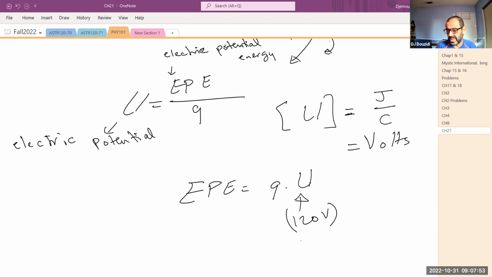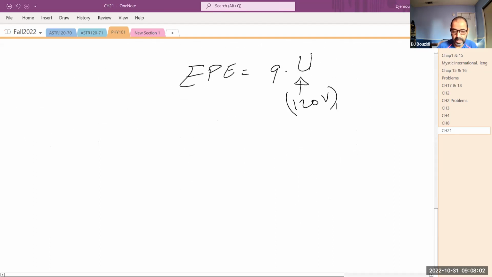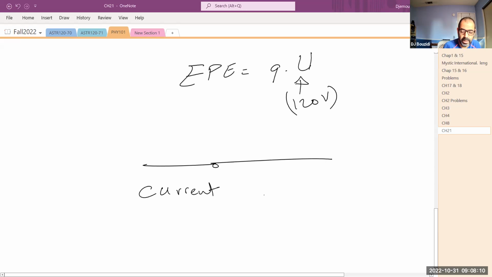Okay. We also discussed power, but we're going to discuss this power again today, which is the amount of energy that is consumed per unit time. Since we're dealing with time, there is another concept that we're going to introduce immediately in this case, and that is the concept of current. And this is actually the topic of chapter 21. So what is a current?